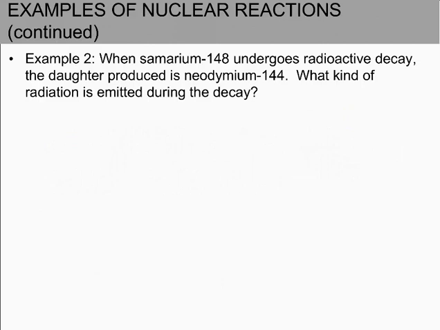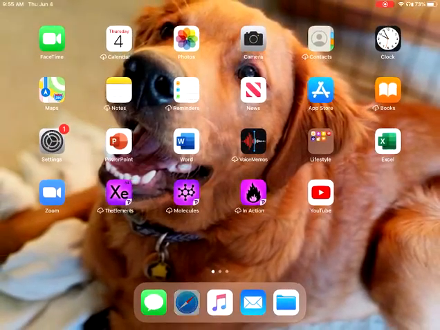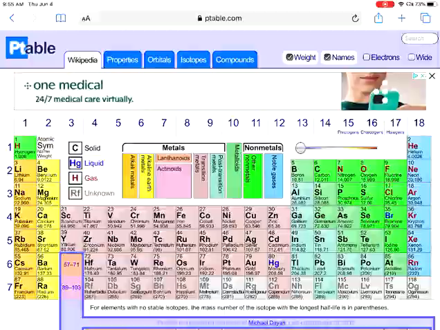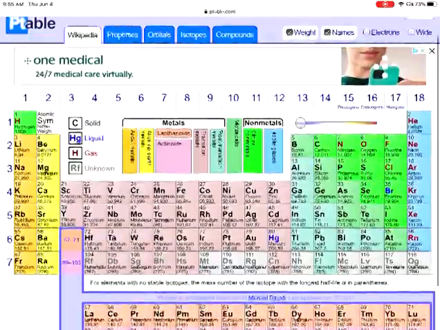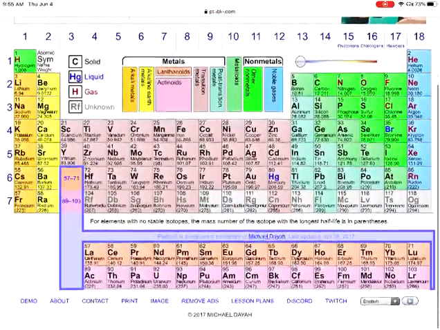All right, so these are some elements that I never really use or think about. So let's try to find these elements on the periodic table. All right, samarium and neodymium. So these might be kind of towards the bottom.